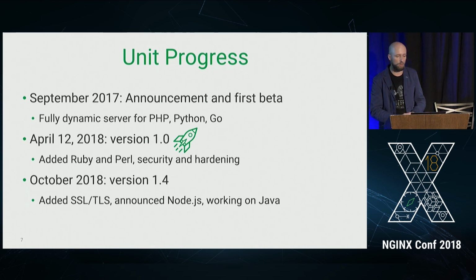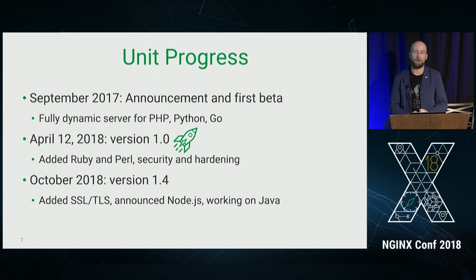So in a nutshell, over the last year, we had a lot of progress with the Unit project. We release on average about 12 versions a year, so about every month or so we have a new version coming out with new functionality. In April, in the middle of the year, we released version 1.0, where we added dynamic process management, more language support, and more security and hardening features.